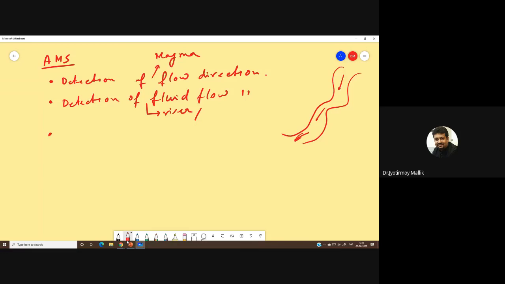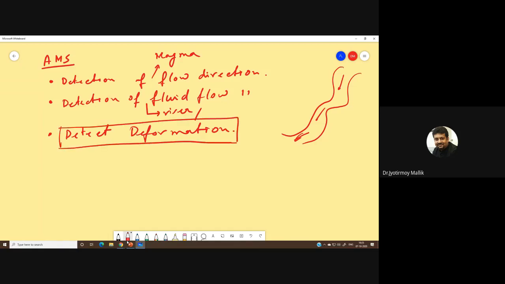It can be used to detect deformation as well. How is it used to detect deformation? We will study that in the structural geology class, because you need to understand deformation before we understand the use of AMS for detecting deformation.